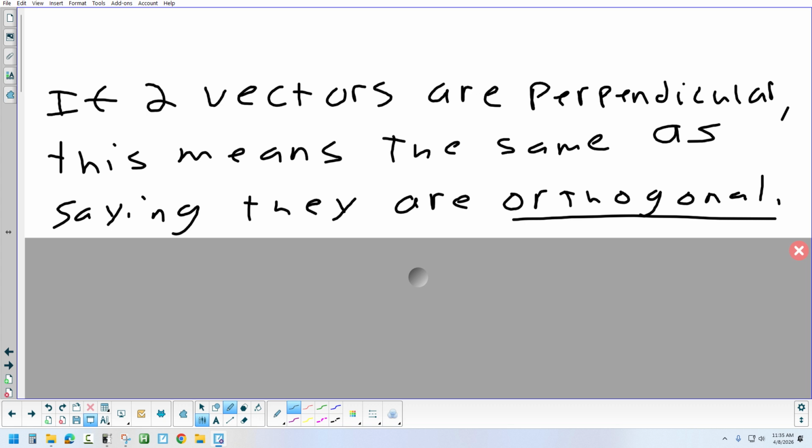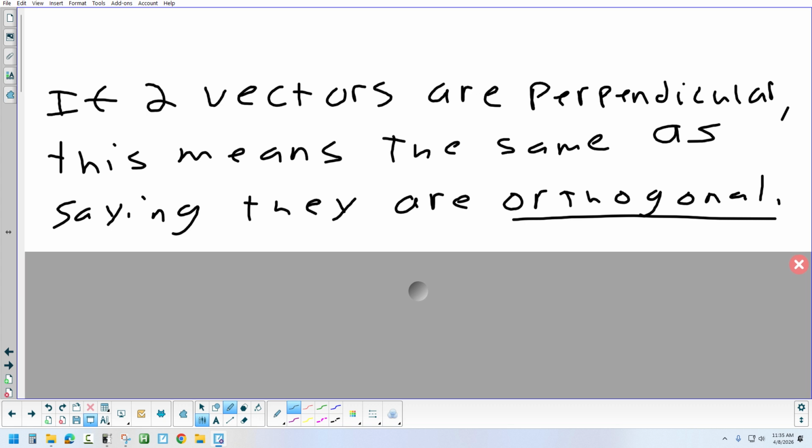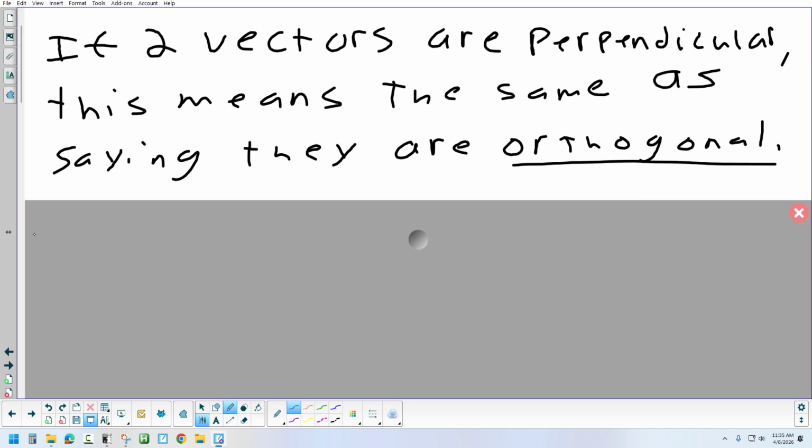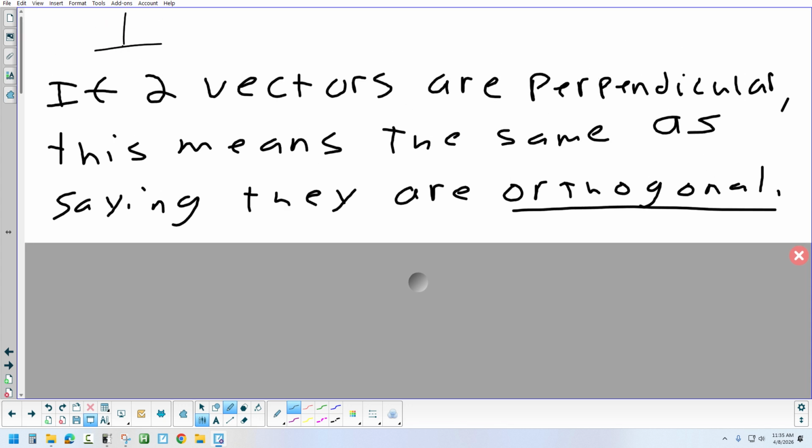And a lot of times you might see me use this symbol. If you remember that from geometry, like an upside down capital T, that means perpendicular. Okay, so I didn't write it, but we did just say it.